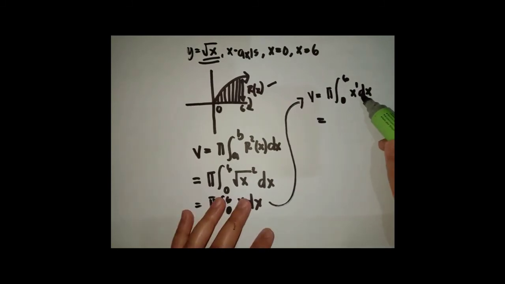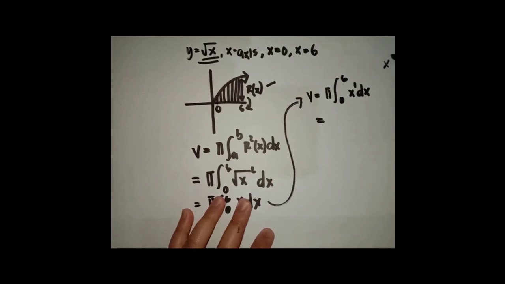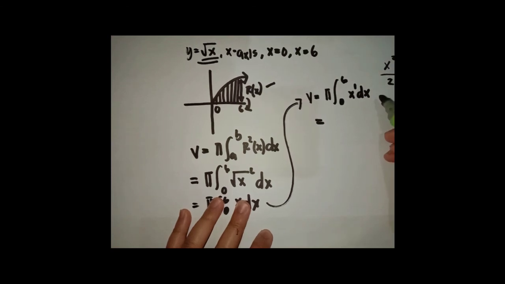For the integral of x, you just add 1 to the exponent, and the new exponent goes in the denominator. So the integral of x is x squared over 2. It will be pi times x squared over 2, from 0 to 6.